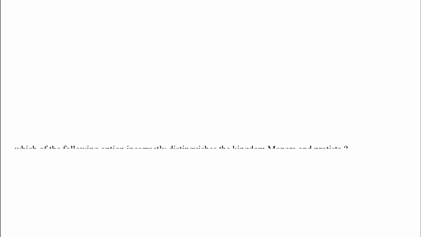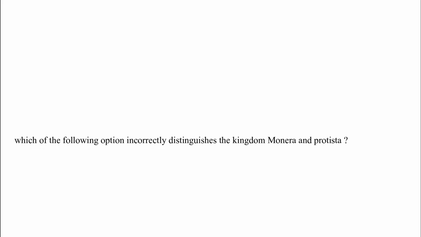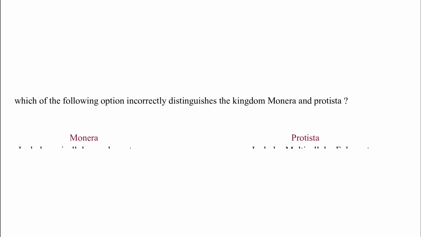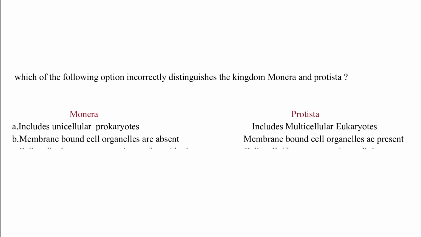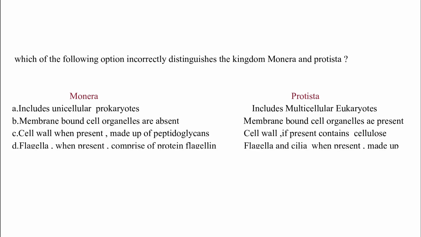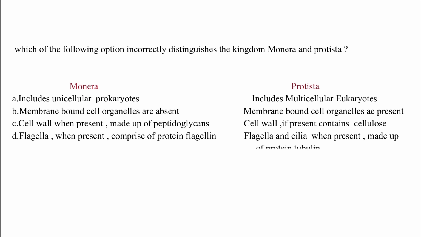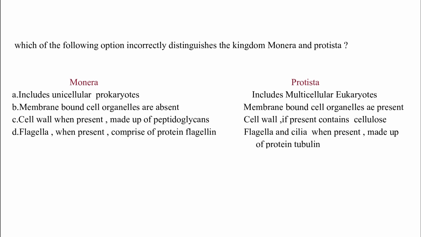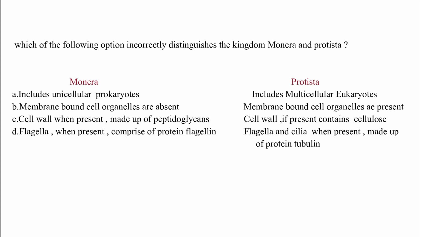Which of the following options incorrectly distinguishes the kingdom Monera and Protista? Option A, Monera include unicellular prokaryote, Protista include multicellular eukaryote. Option B, in Monera, membrane-bound cell organelles are absent; in Protista, membrane-bound cell organelles are present. Option C, in Monera, cell wall when present is made up of peptidoglycan; in Protista, cell wall if present contains cellulose.